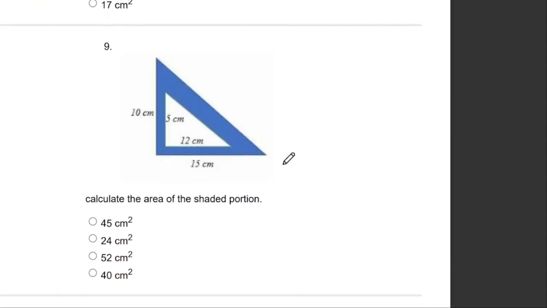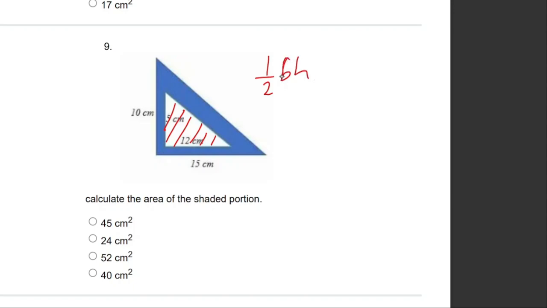Now question 9 here. For question 9, you have to find the area of the shaded portion. Alright? So we have 2 triangles there. So that means we are removing this one from the bigger one. So the area of triangle, which is half base times height.